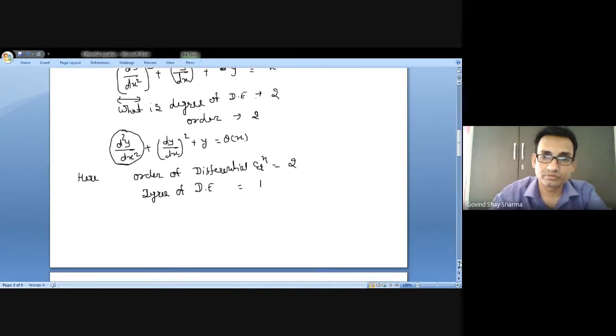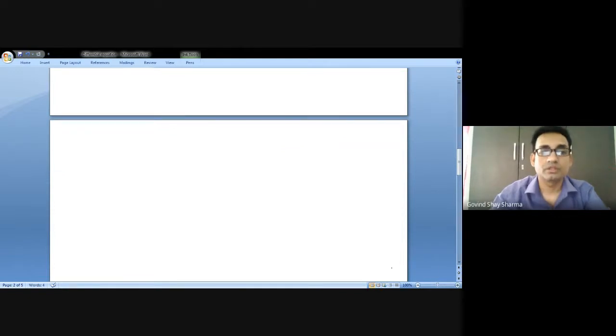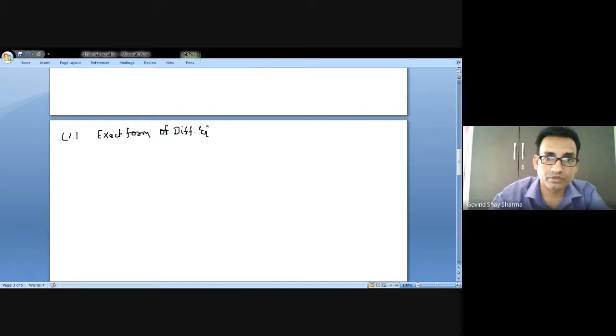Now let's move. Here our interest is to solve the differential equation. So here are some forms of differential equation. First, the exact form of differential equation.